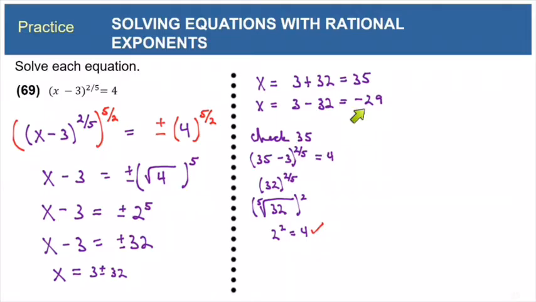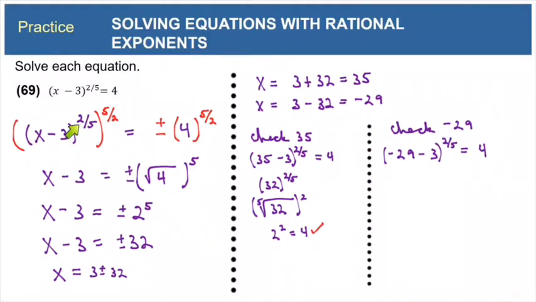And let's also check negative 29. So plugging in the negative 29, we'll get negative 29 minus 3 raised to the 2/5 power equals 4. Okay, negative 29 minus 3 makes negative 32. So now we have negative 32 to the 2/5 power. And if we write this in radical notation, we'll have the 5th root of negative 32 all raised to the 2nd power.